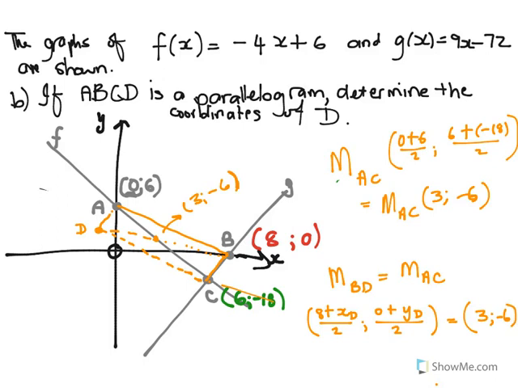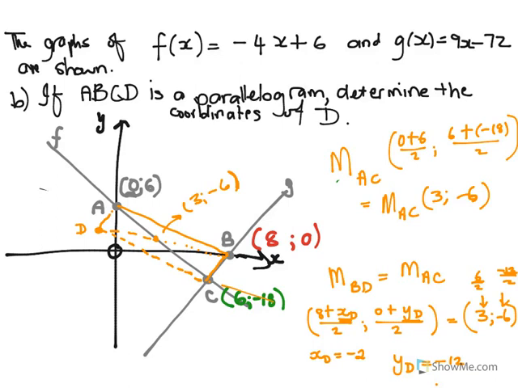And 3 is the same as 6 over 2, and minus 6 is the same as minus 12 over 2, right? And so 8 plus something would need to give me 6, so the x coordinate of D would have to be minus 2, and 0 plus something would have to give me minus 12, and so the y coordinate of D would have to be negative 12.